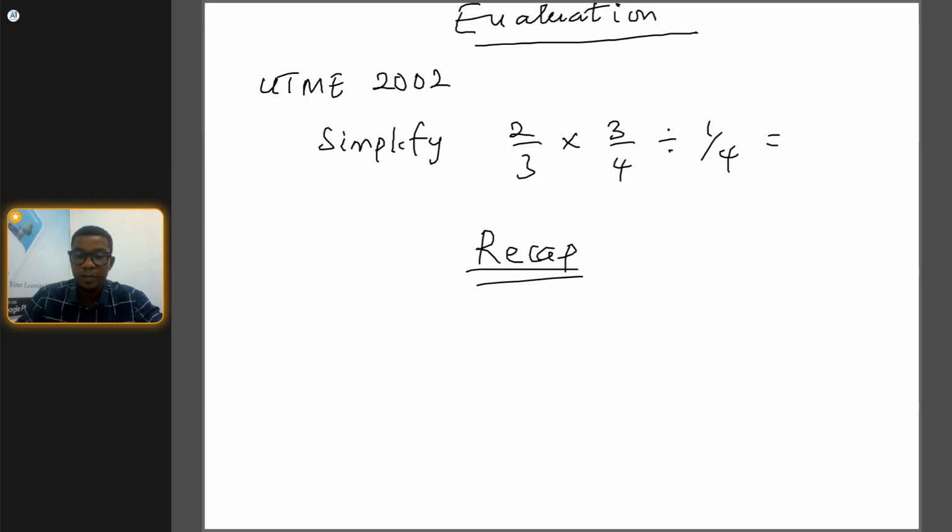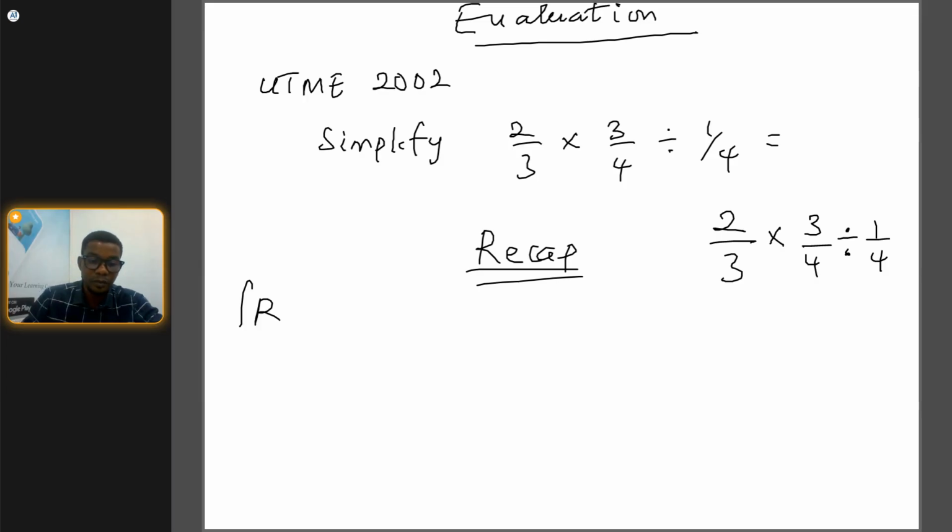The question is simplify 2/3 multiplied by 3/4 divided by 1/4. That's the question. While we are doing that and I'm waiting for a response, today we have been able to touch fraction and define what a fraction is.